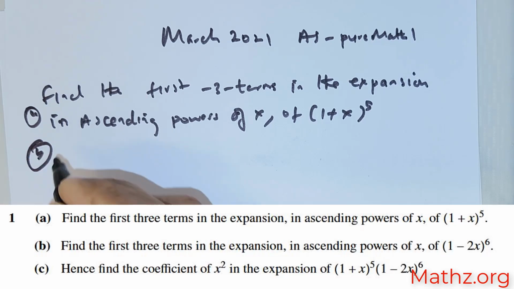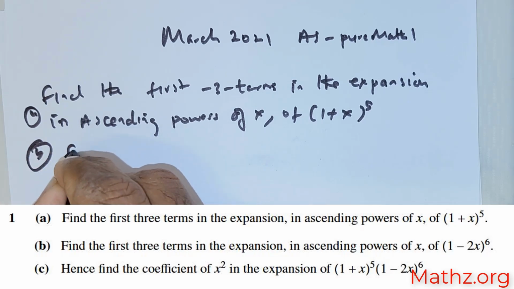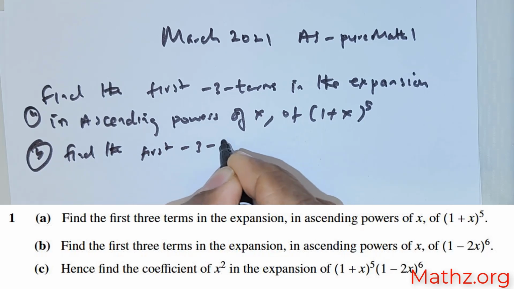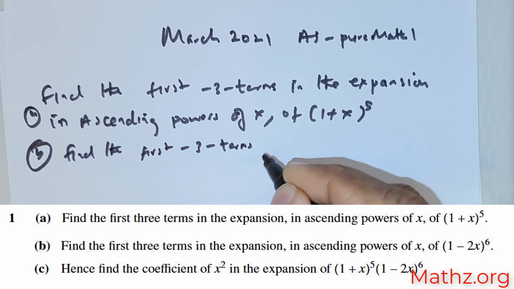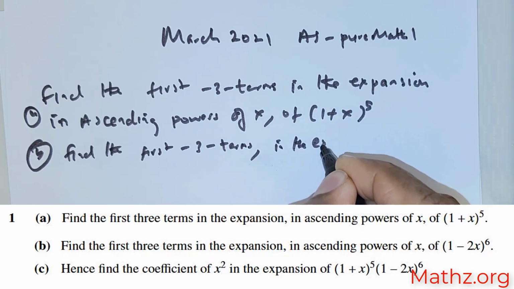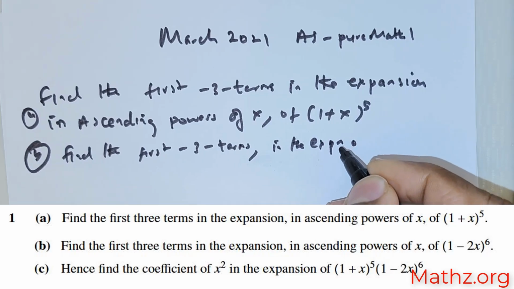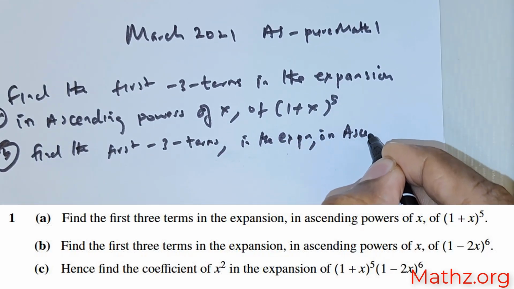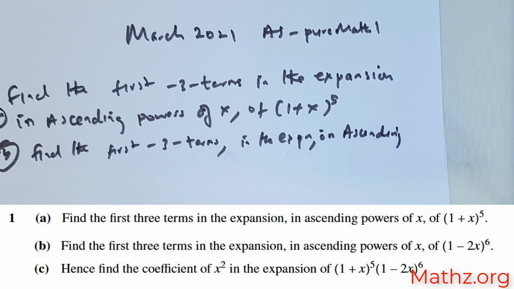and the next question is find the first three terms, same pattern, in the expansion in ascending powers of x, and we are given (1 - 2x) raised to the power of 6.